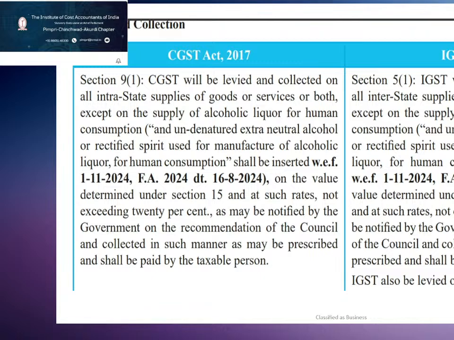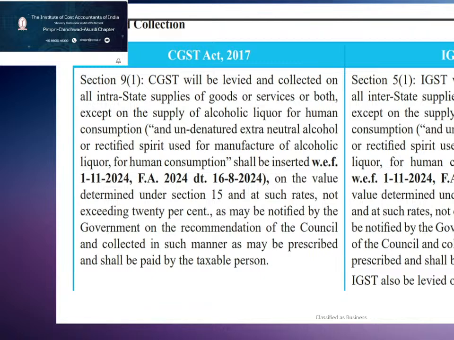Then the services supplied by a recovery agent to a banking company. In many banking organizations, to collect the dues, they have a recovery agent. The service is provided by the recovery agent, but who has to pay the GST? The banking company or financial institution or a non-banking financial company.